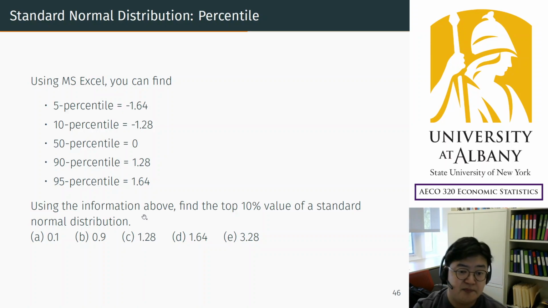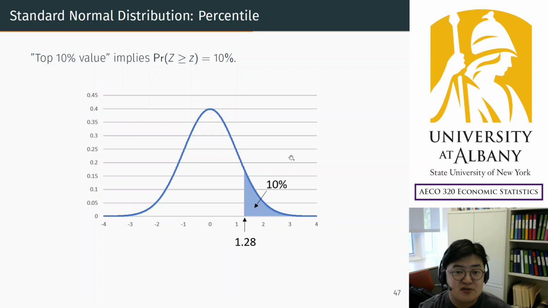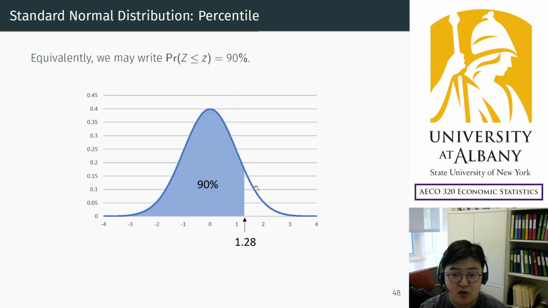The reason why I'm giving you this obvious question is because different notation is used in different places. So first, let me show you this graph. So 1.28 is this point where this area is 10%. So this is equivalent to having 90% on the other side because always the total area is 100%.